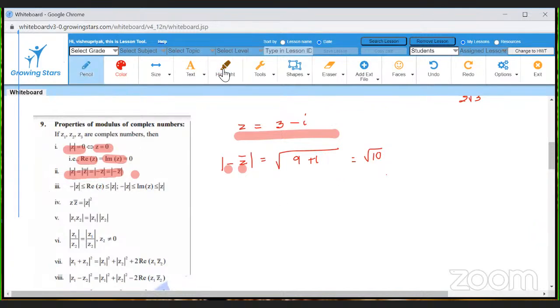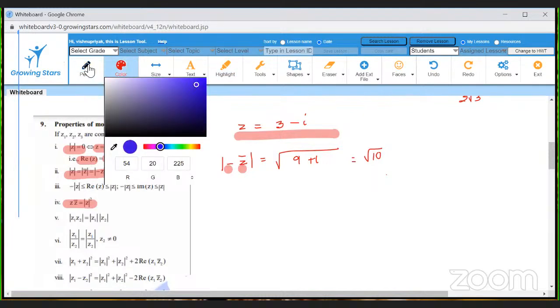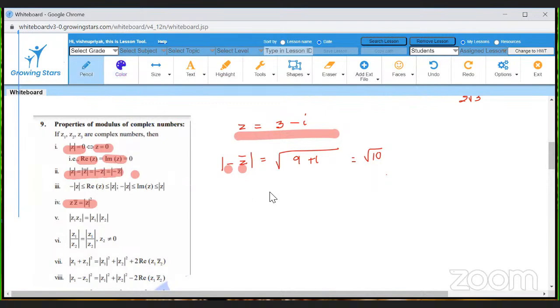See, suppose this formula: z into z bar will be mod of z whole square. Suppose in a question, they give you z equal to 1 plus 2i, and they ask you to find z into z bar. You need not write z bar. You need not multiply z and z bar.